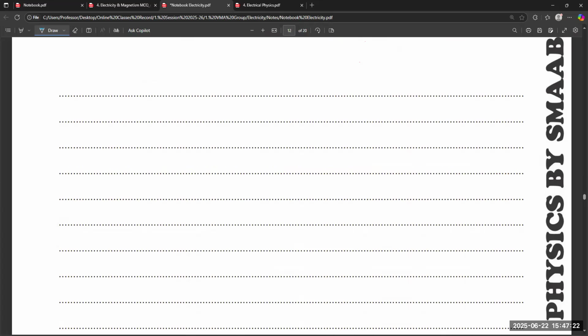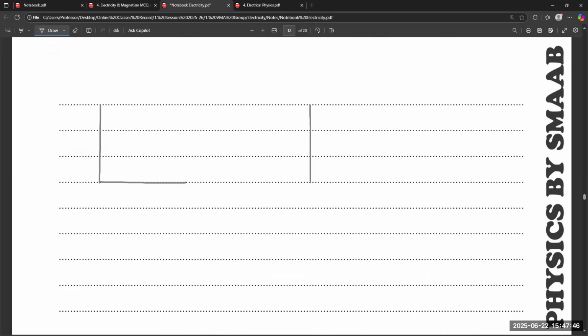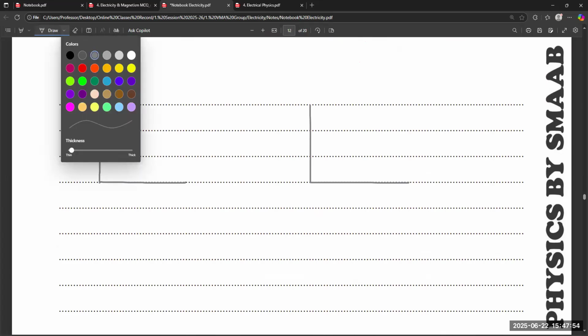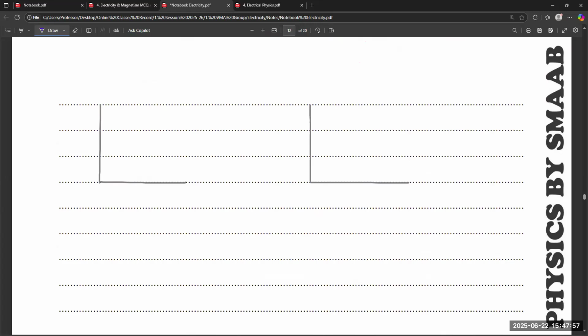So let's suppose, in the first graphical representation, we are taking current on y-axis, voltage on x-axis.